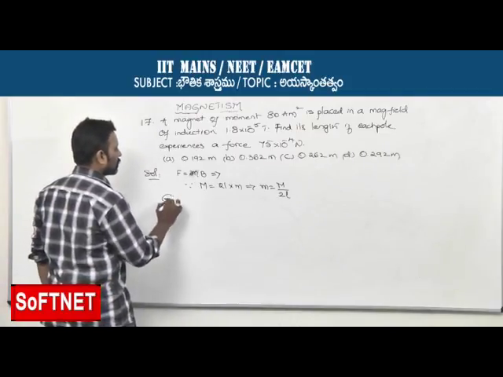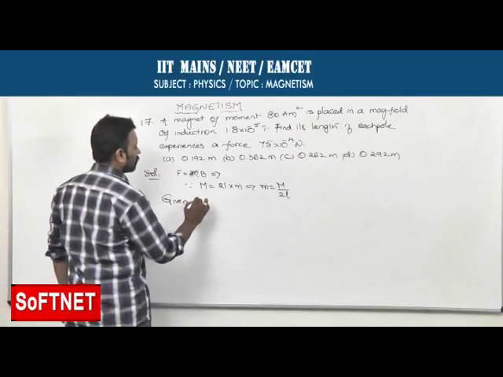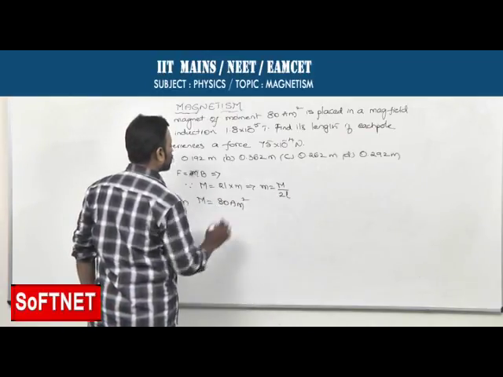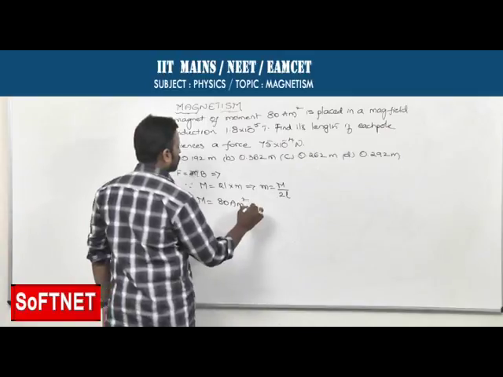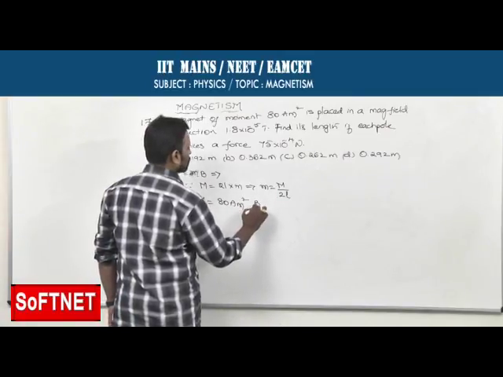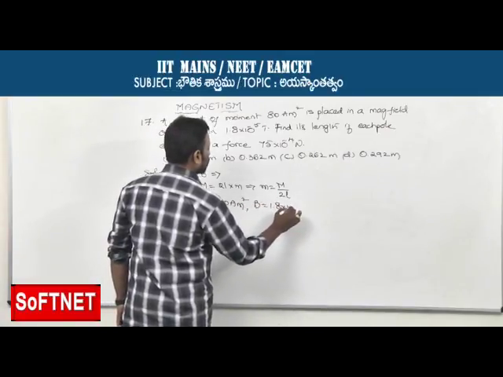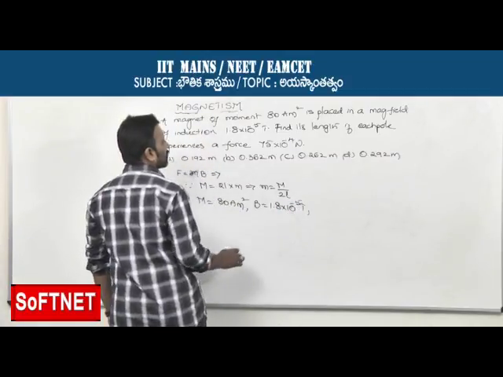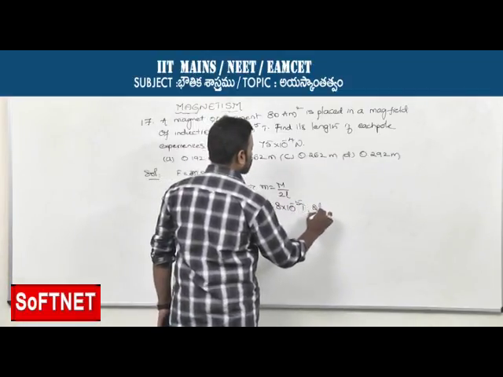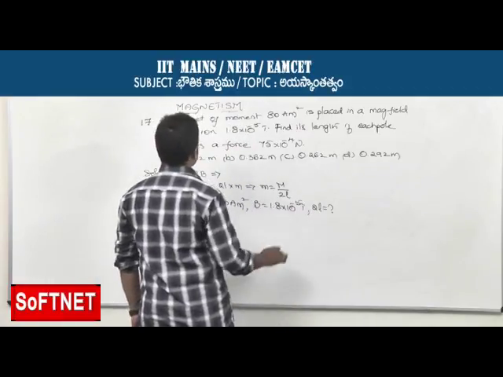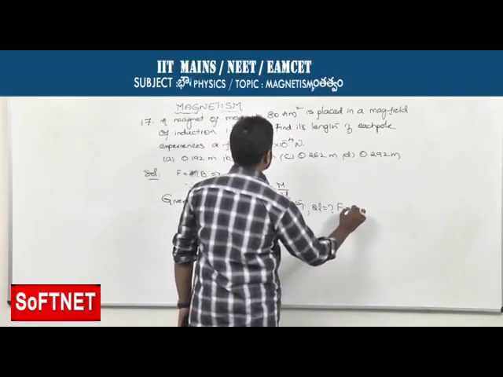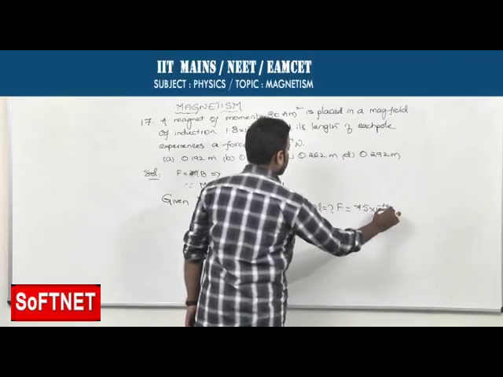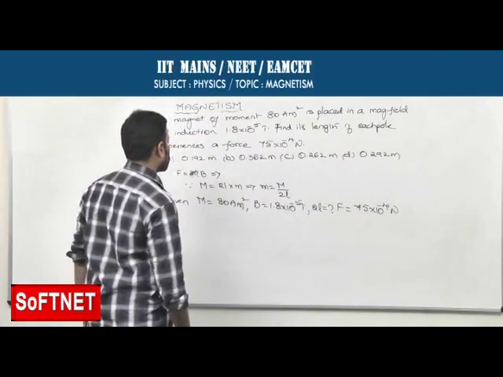So given magnetic moment as 80 ampere meter square, the magnetic induction is given as 1.8 10 power minus 5 Tesla. Find the length, you are asked to calculate. The force is given as 75 10 power minus 4 newtons.